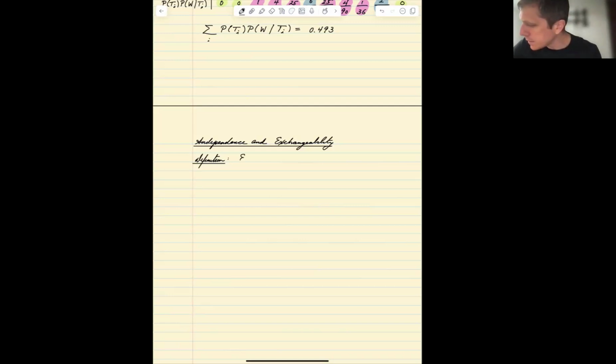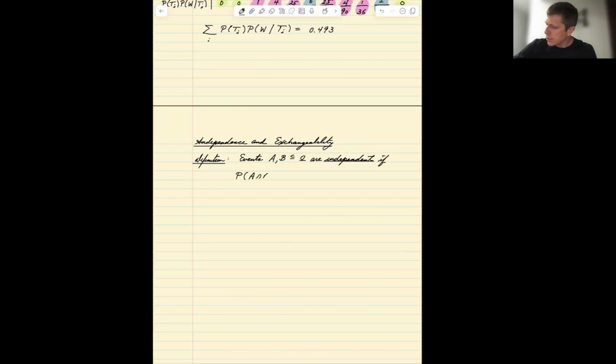Two events, A and B, are independent. There are a few different ways to define independence, and they're all equivalent, but they're independent if the probability of A intersect B is equal to the probability of A times the probability of B. The product of the probabilities.